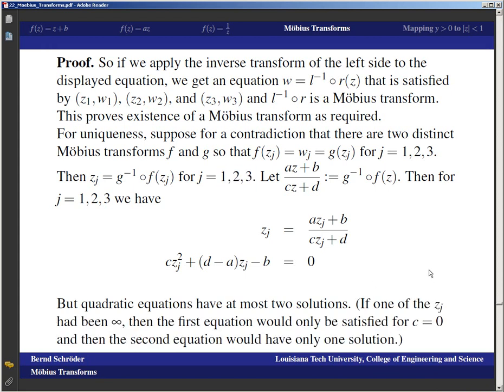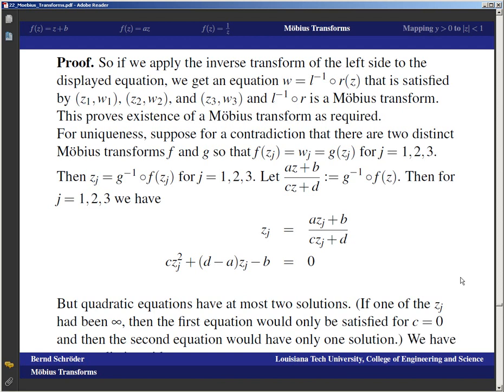If we want to be really careful about that, one of the zj's could have been infinity, but if that had been the case, we would have had infinity equals infinity, and that only works if c is equal to 0, because otherwise the right side would go to a over c. And if c is equal to 0, then this equation would only be satisfied for one solution, or we would still have two real solutions for j equals 1 and 2, let's say.